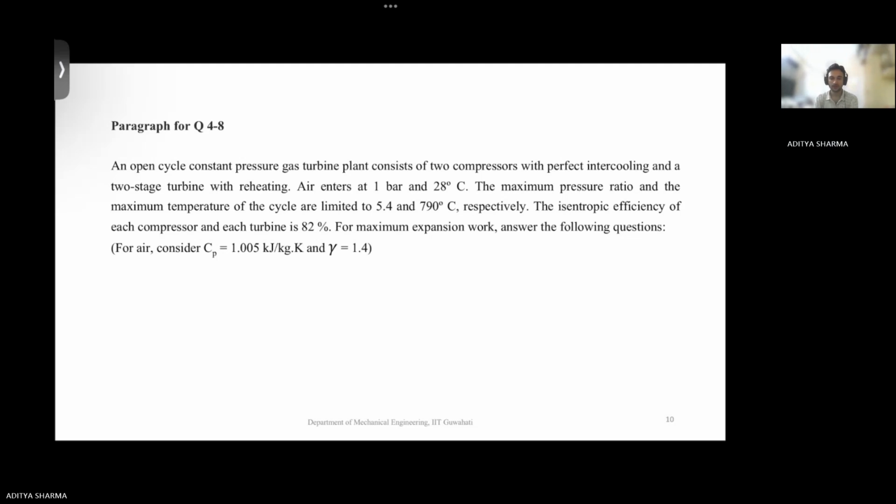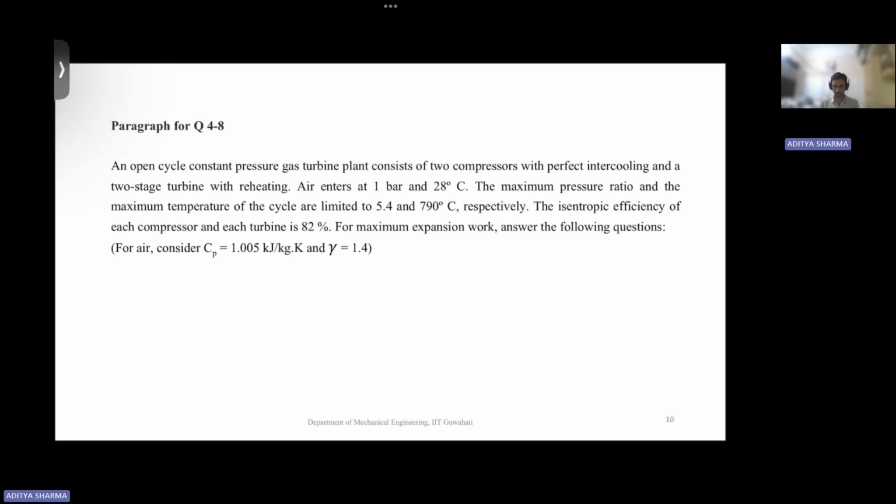So this is the first set of questions, first group. Please read this question first.